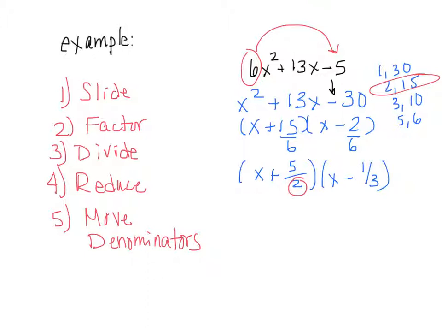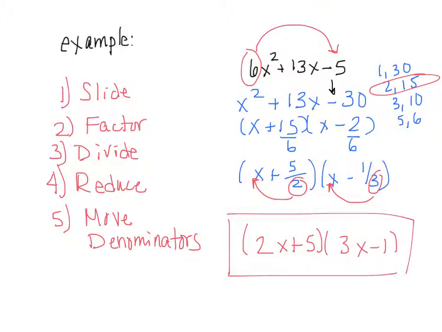So this denominator gets moved out front and this denominator gets moved out front. So my final answer would be 2x plus 5 times 3x minus 1. This would be my final answer.